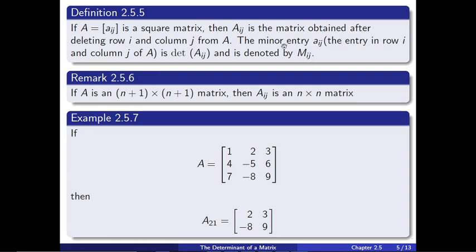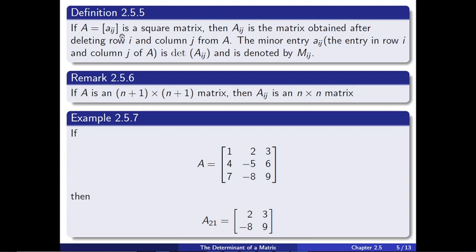Right, so for us to be able to define a determinant of a general n by n matrix, we need at least one more definition, which is definition 2.5.5.